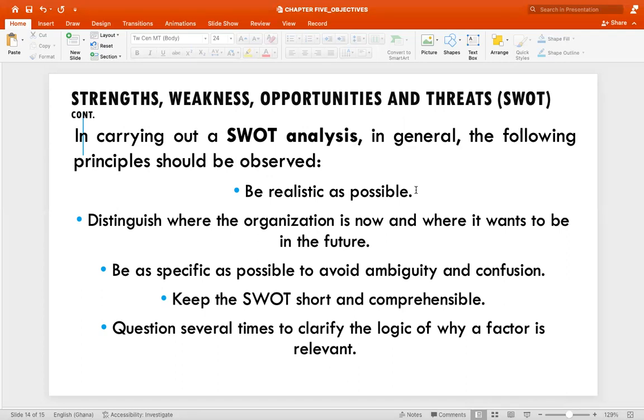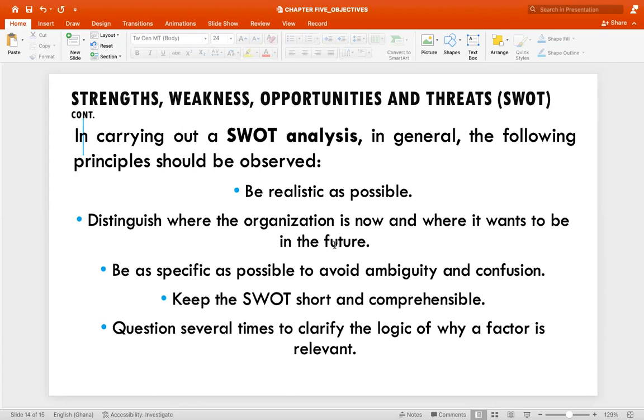Distinguish where the organization is now and where it wants to be in the future. That is also very important in your SWOT analysis, because your future is about your now. You need to know your now, your strengths and weaknesses, before you think about taking advantage of opportunities in the future. Be as specific as possible to avoid ambiguity and confusion.